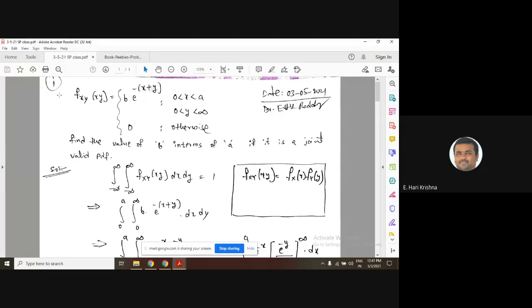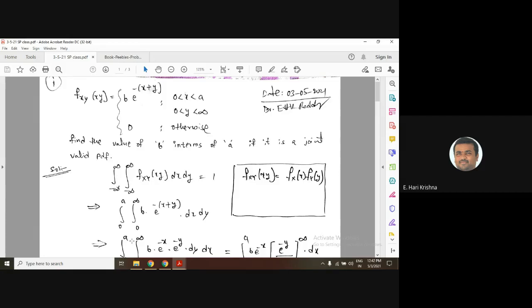So all of you can please see the screen. The question is, given that the joint probability density function, that is f_XY(x,y) is equal to b into e power minus of (x plus y), and x limits are between 0 to a, that is 0 less than x less than a, and y limits between 0 to infinity, 0 less than y less than infinity, and 0 otherwise.